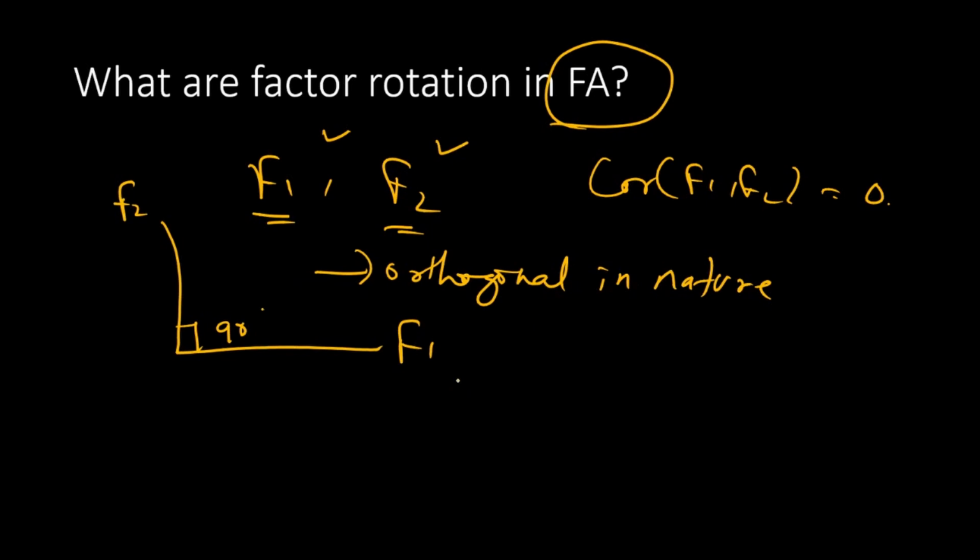So that's one of the rotations. Many times you want some kind of correlation, that you expect that there is some kind of correlation between the factors. In that case, you will not be using orthogonal rotation. There are other kinds of rotations available in which you can actually keep some sort of correlation between the factors.